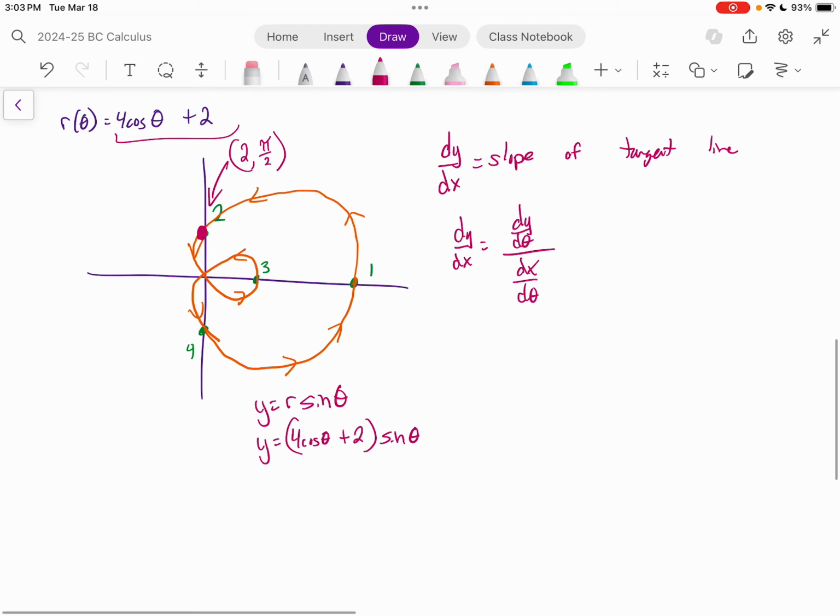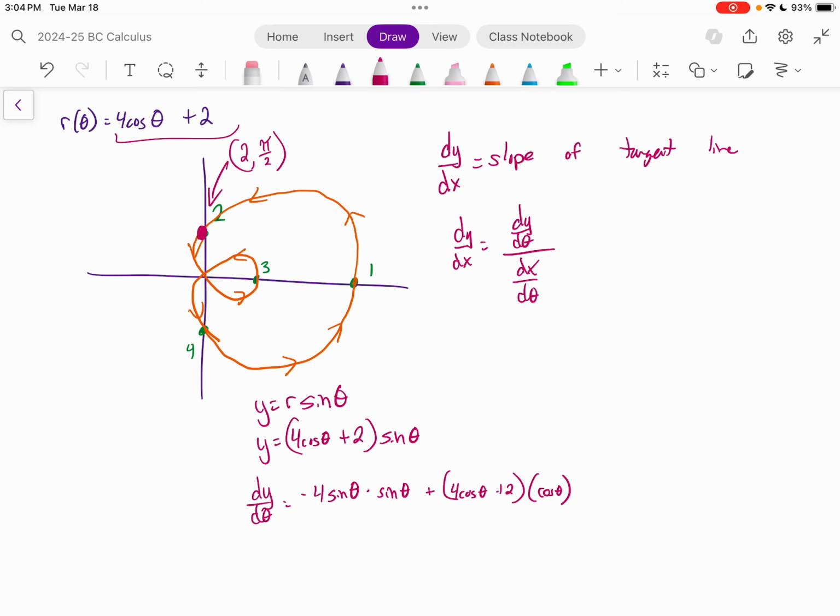So y is actually (4 cosine theta plus 2) times sine theta. And you're just looking for y prime at that point. So what would that be? Well, that would require the product rule. So dy/d theta is going to be negative 4 sine theta times sine theta plus (4 cosine theta plus 2) times cosine theta.